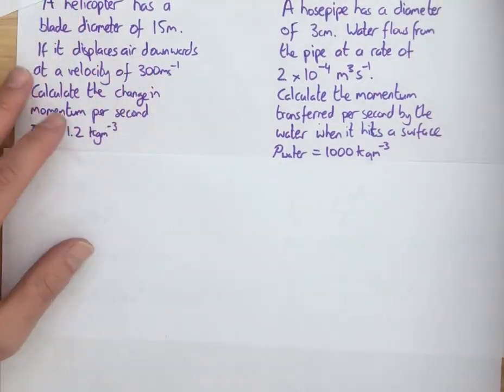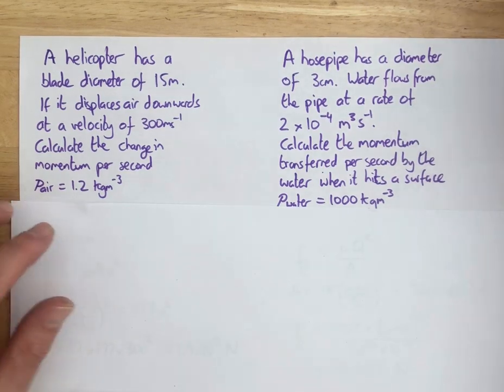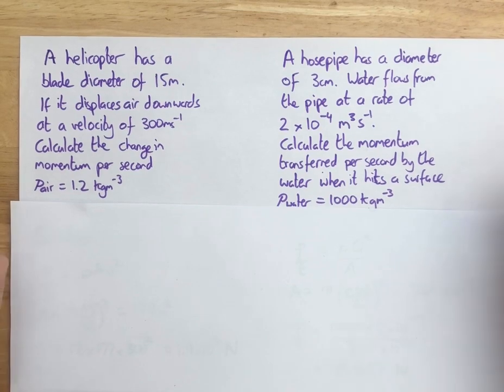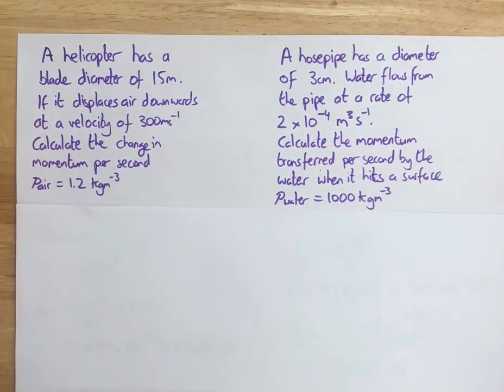So here's two questions. On the left, a helicopter with a blade diameter. The numbers, I don't know if they're real or not. Please don't quote me on any of these, I've just made up the numbers so that you can have a go at the questions. So we've got a helicopter with a blade diameter of 15 meters. It displaces air downwards at a velocity of 300 meters per second. Calculate the change in momentum per second.